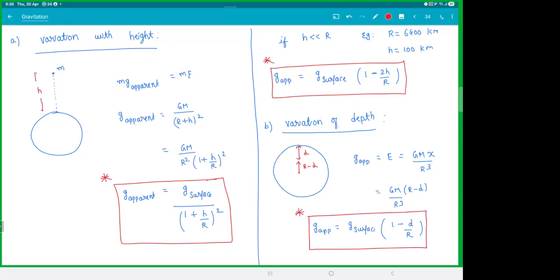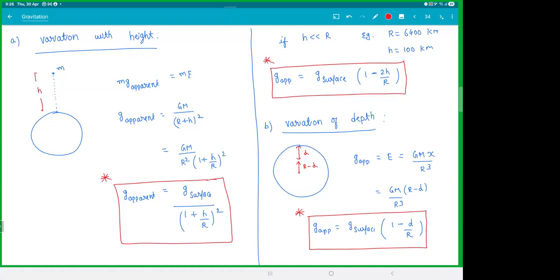So when you go with height, there is an approximation. You can note it down in case you don't remember them. Clear with this?